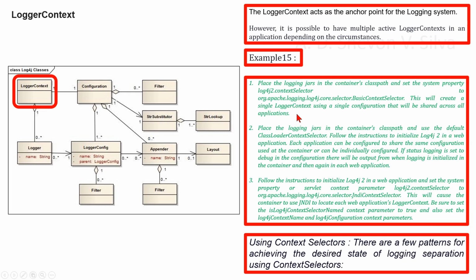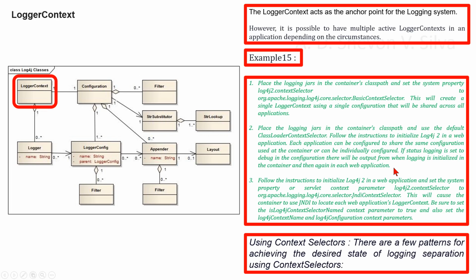Step 1: place the logging jars in a container class path and set the system property log4j2.contextSelector to org.apache.logging.log4j.core.selector.BasicContextSelector. This will create a single logger context using a single configuration that will be shared across all applications.